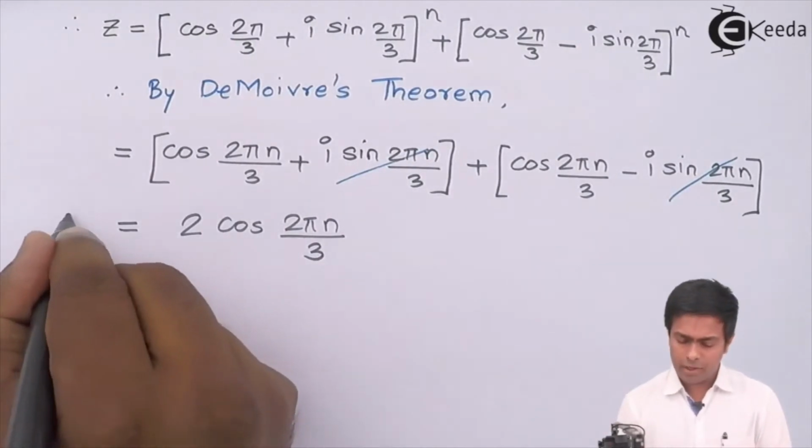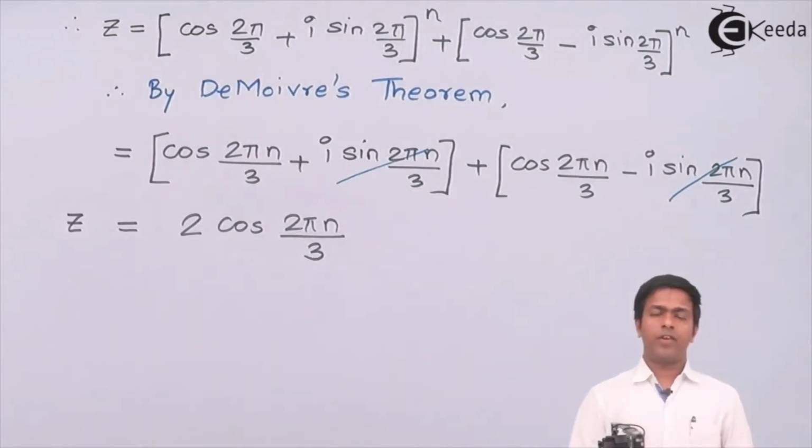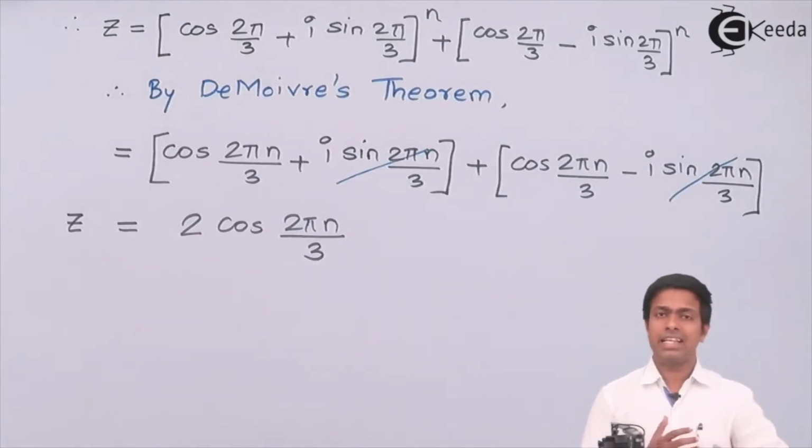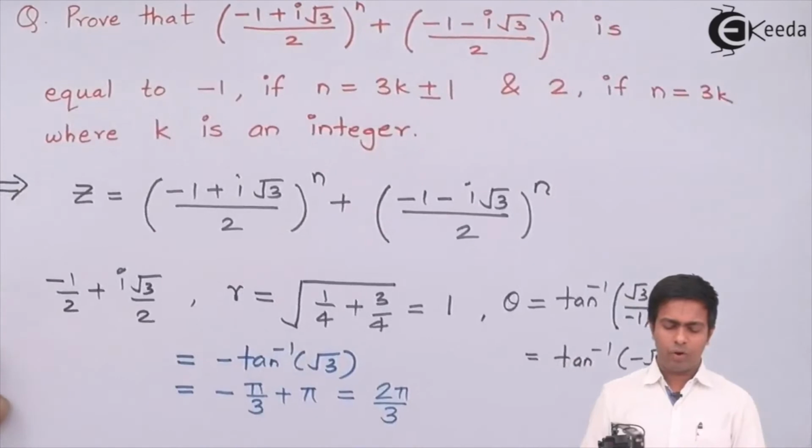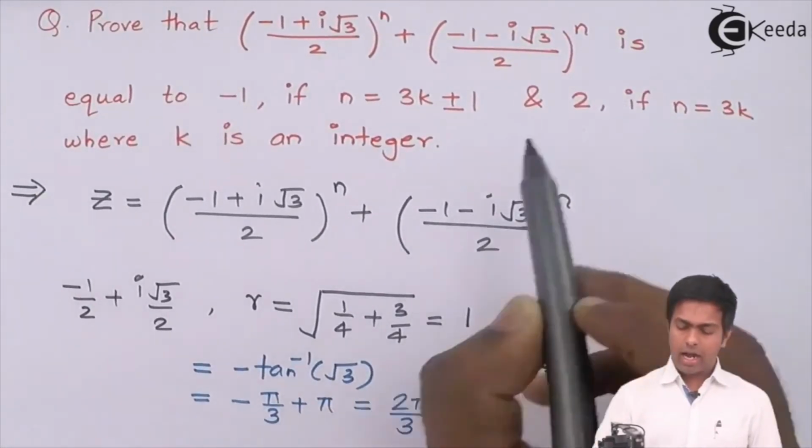So guys, this is the value of z, but we didn't get the answer which is required. So what was the answer which is required? We want the answer as negative 1 and 2.